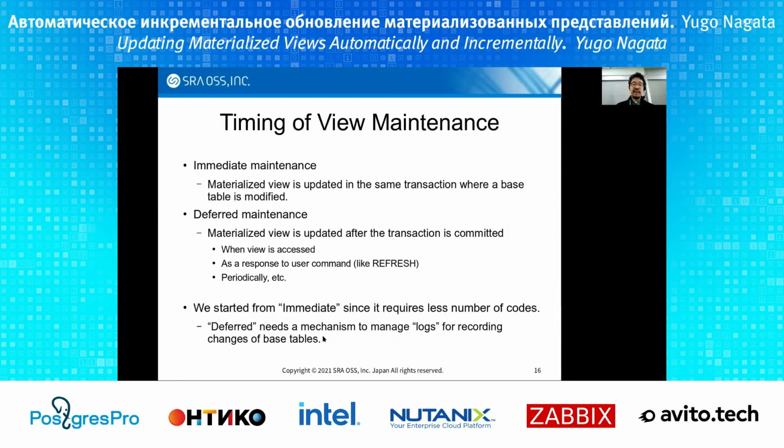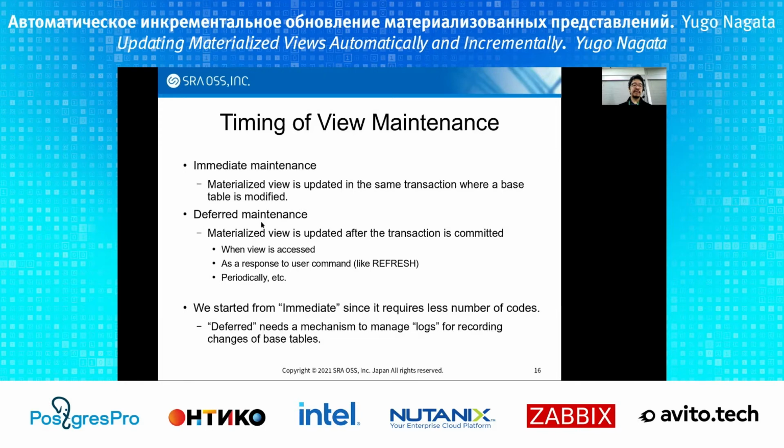About timing of view maintenance, there are two approaches: immediate maintenance and deferred maintenance. In immediate maintenance, the materialized view is updated in the same transaction where a base table is modified.